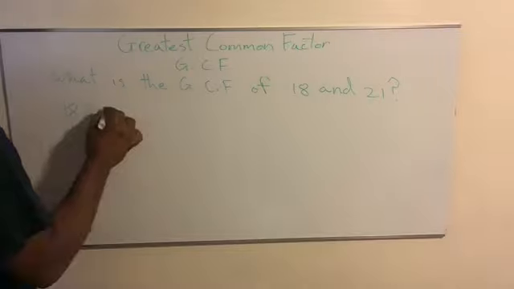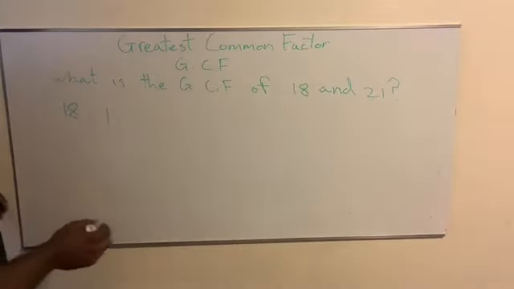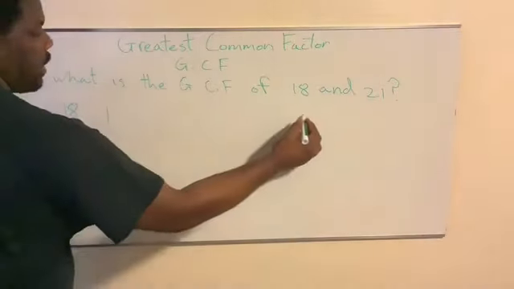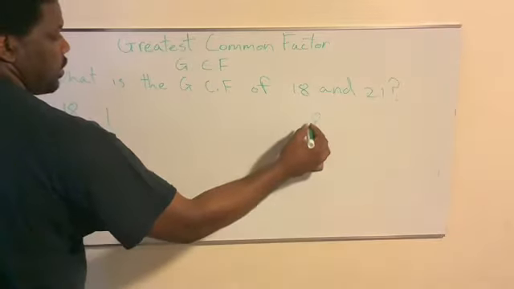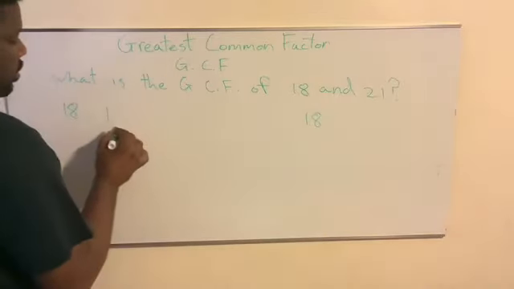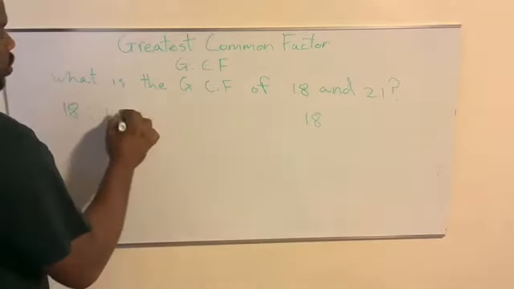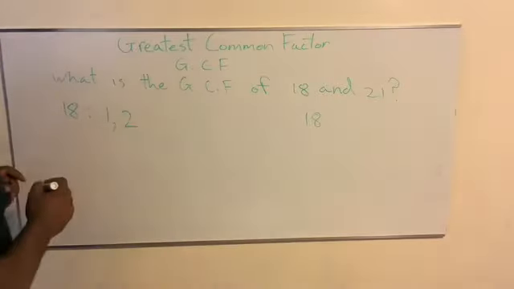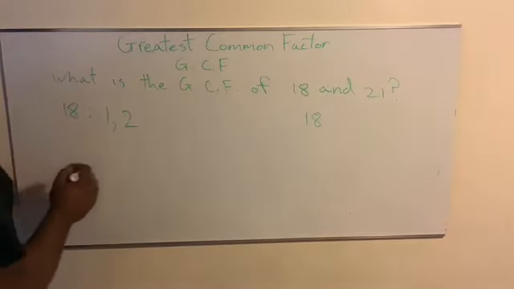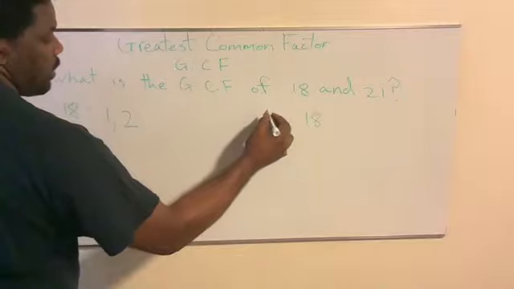Okay, 1 is the first factor, and 1 is multiplied by 18. I know 2 works because 18 is an even number. 2 times 9.